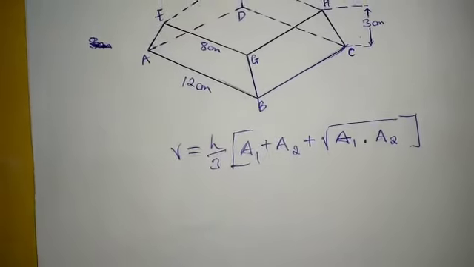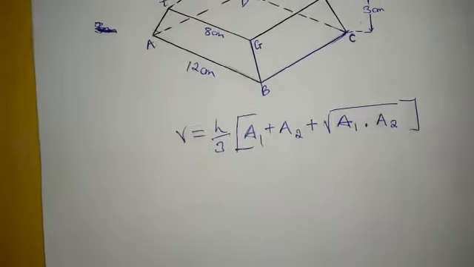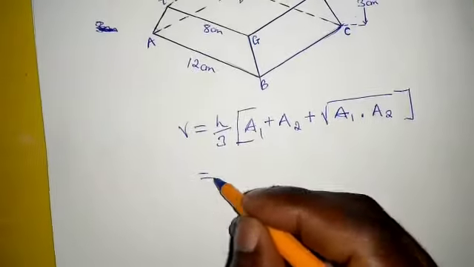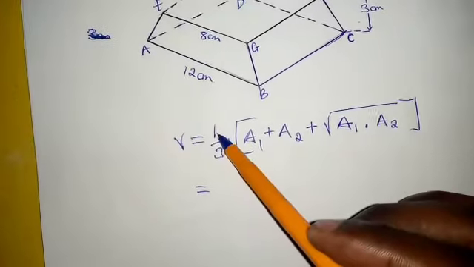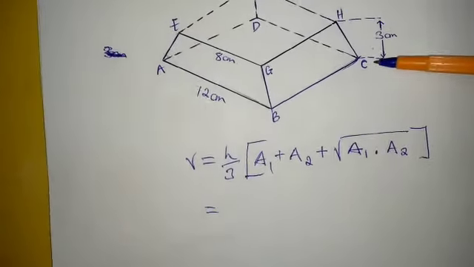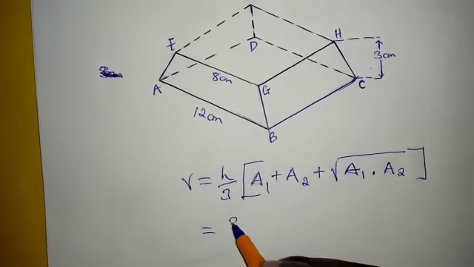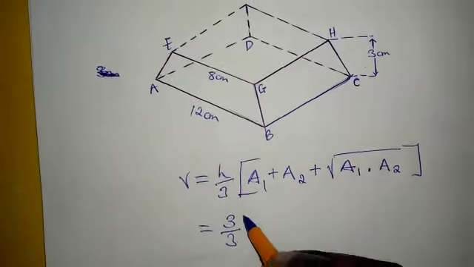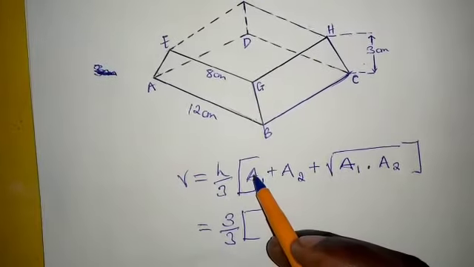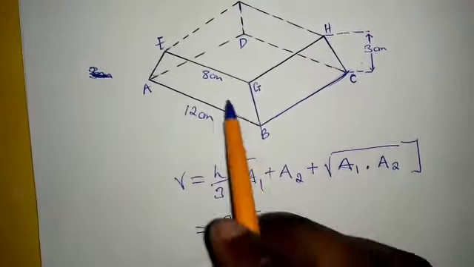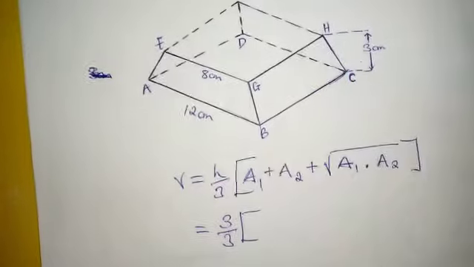So let's begin the actual calculations. We'll say the height is the height given for the frustum. Therefore, the height is 3 over 3. How do we get the area of a square, which is the upper base?